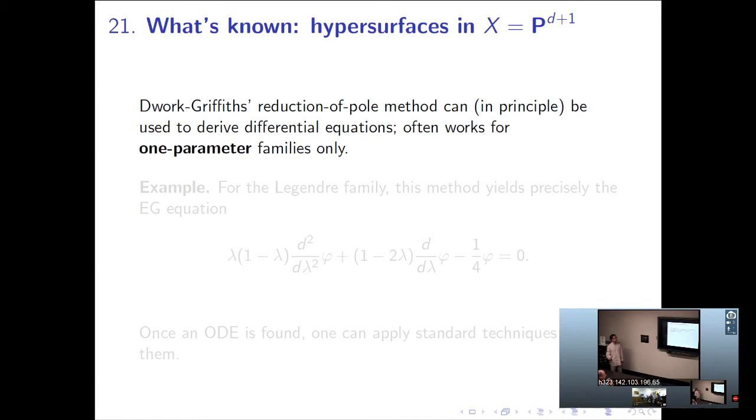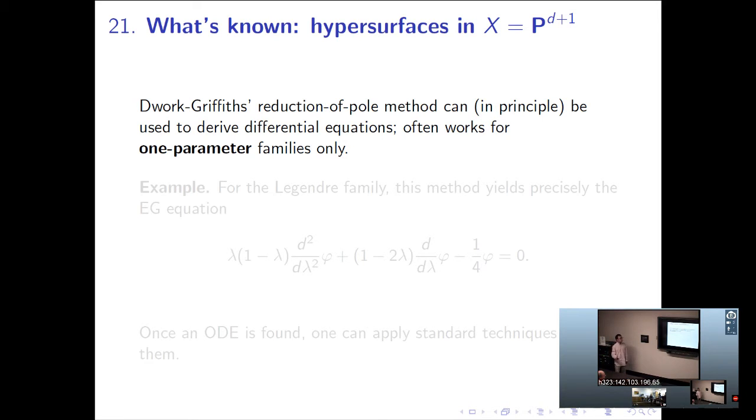So, what is known? If we have a hypersurface family in projective space, then one has the Dwork-Griffiths reduction of pole order method, which is essentially an application of integration by parts. And this can be used to derive differential equations for these pure integrals. But there are some drawbacks. For example, it's in general complicated to carry out.